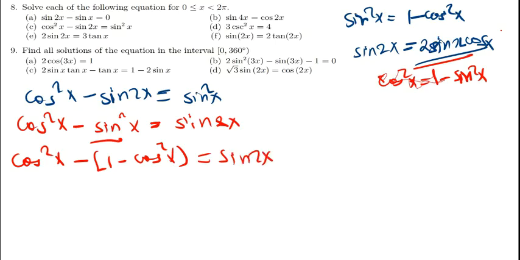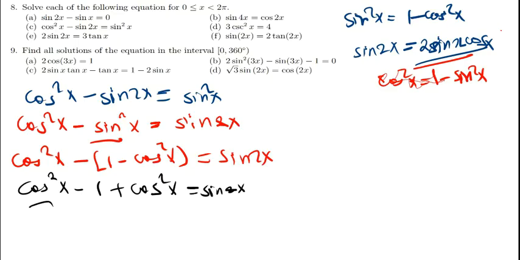If I open the brackets, this and this will add, and we end up having 2 cos squared x minus 1.